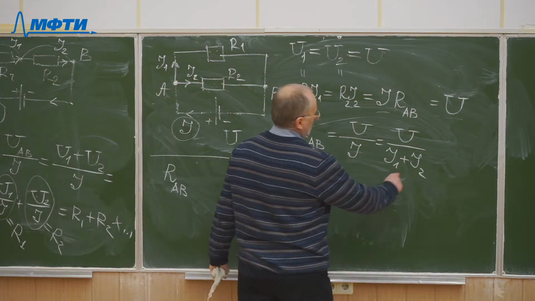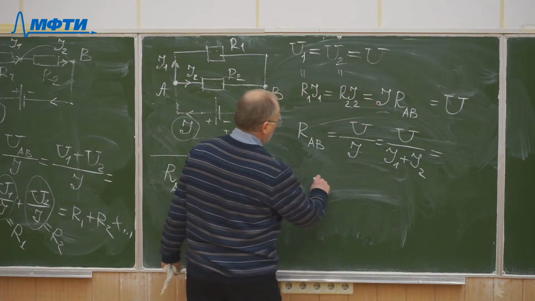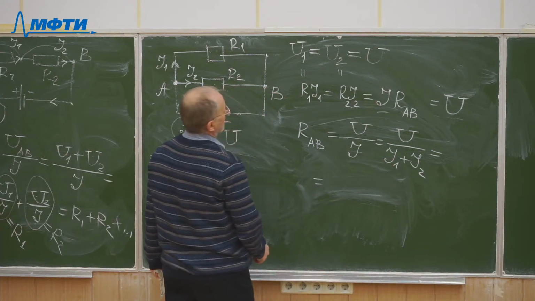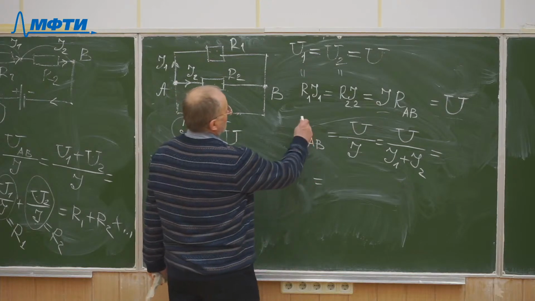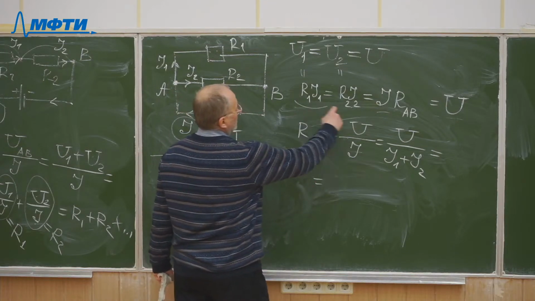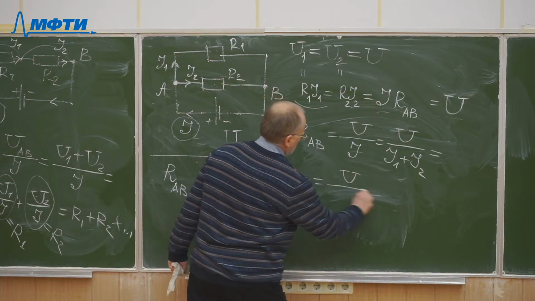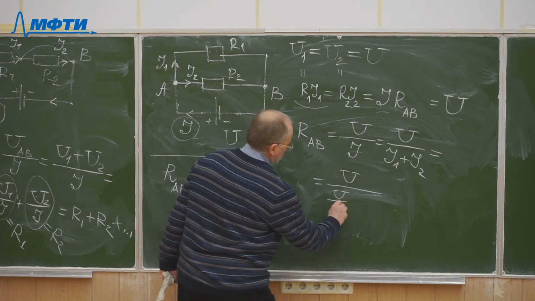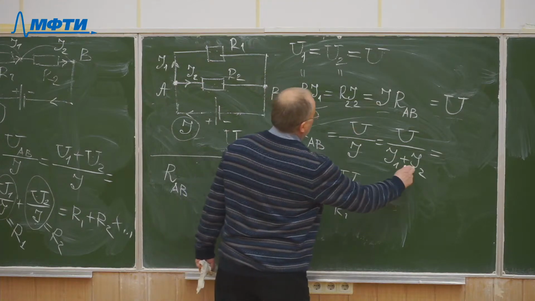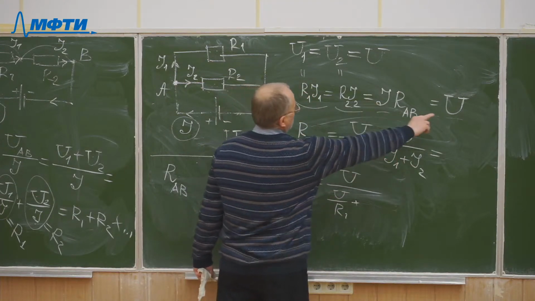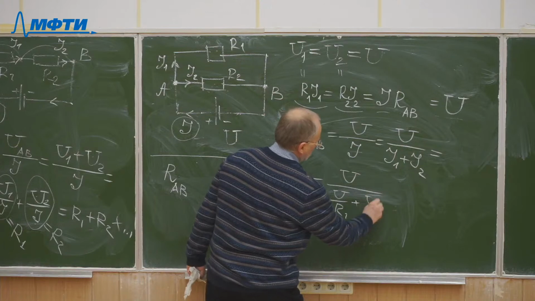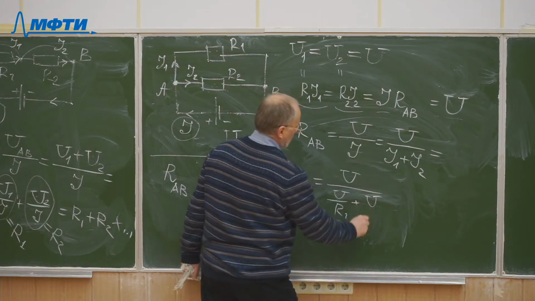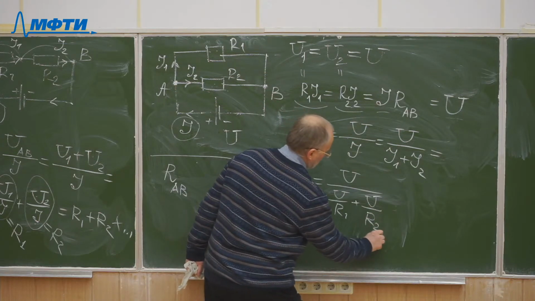And then we may continue this formula. Electric current 1 will be equal to the total potential difference divided by R1, and electric current 2 will be given as the potential difference of the voltage source divided by R2 due to Ohm's law.